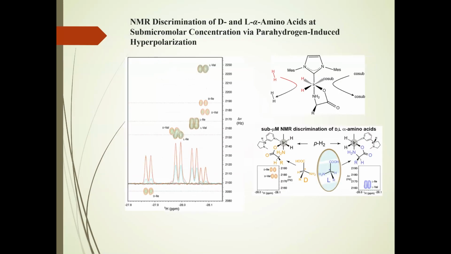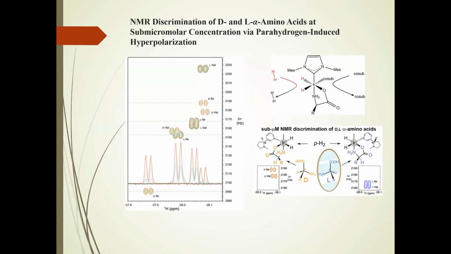So here is the NMR work done. I have to be very careful with my words here, I know, because I'm not an NMR specialist, but I would like to show these beautiful papers. As you see in these papers, the NMR discrimination of an amino acid matrix with L and D enantiomers is done by parahydrogen-induced hyperpolarization.